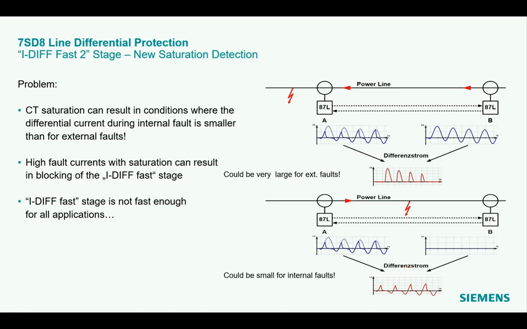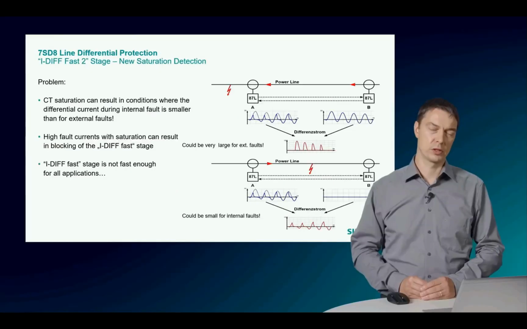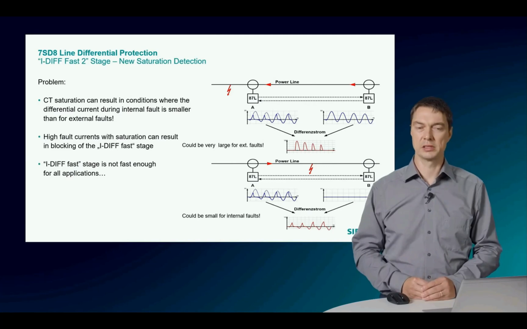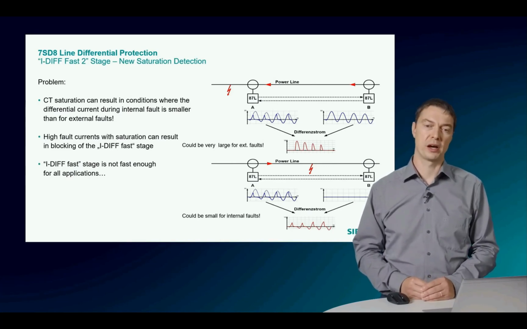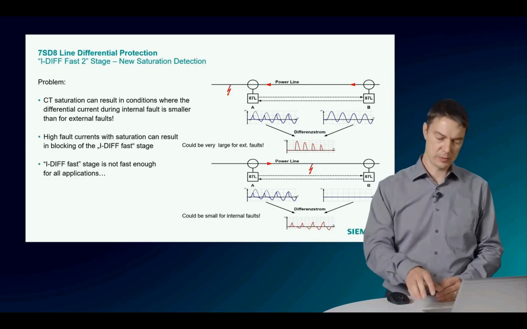So for high fault currents with saturation, this can result in a blocking of the EDIF Fast stage, because there's not sufficient current to enable this stage. The EDIF Fast stage could not be fast enough for all the applications.